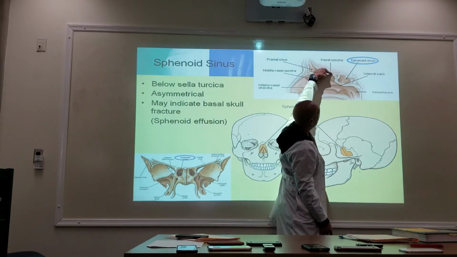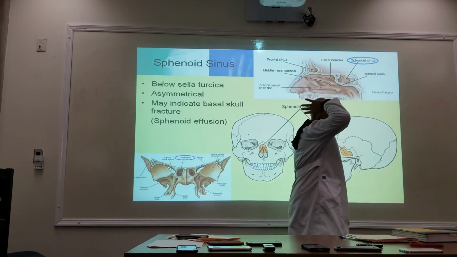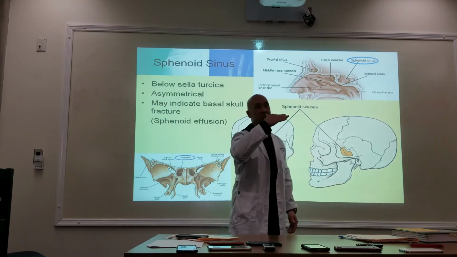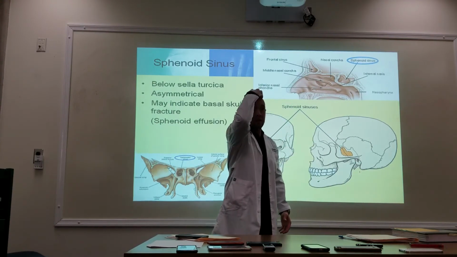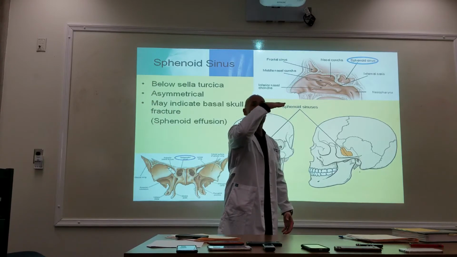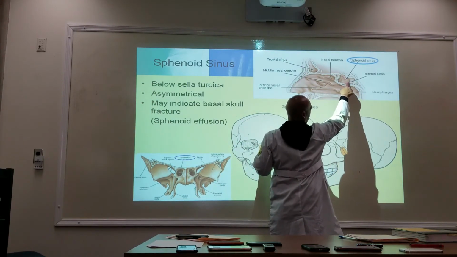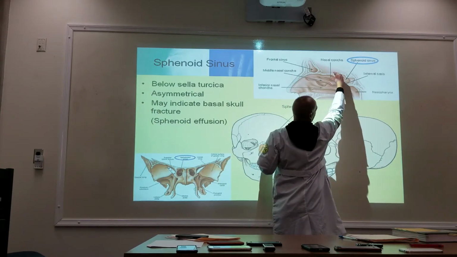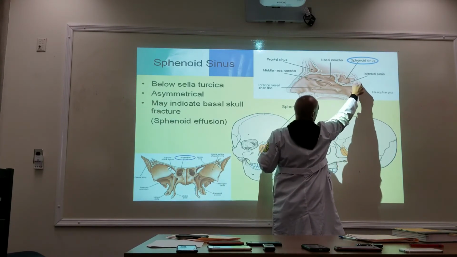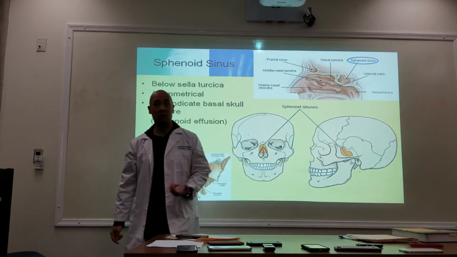When you think base, you think it's back here, but the base is actually the area that separates the skull cap from the floor of the skull. So if there's fluid leaking in there, there's a good indication of a fracture in the base of the skull, a basal skull fracture.